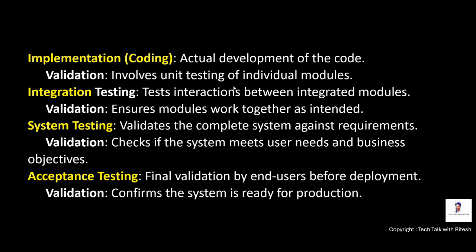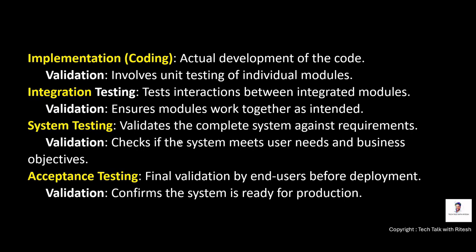Then we go to the implementation phase, the actual development of the code, and then the validation phase will start from here, right? It involves unit testing, the corresponding testing for the implementation phase, for individual modules. Then we have integration testing, to test interaction between integrated modules. If there are multiple systems we are integrating with, validation of those integrations checks if they are working together or not.